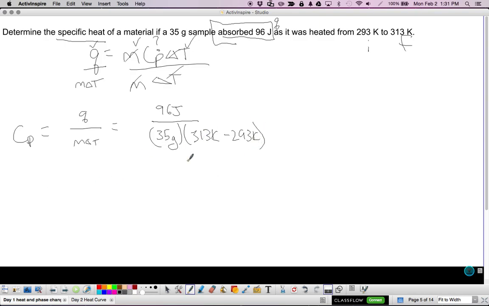All right, and when I do my calculations, notice I'm going to have 2 sig figs in my answer, and that's going to be 0.14 joules over grams times Kelvin. All right, it doesn't really matter if we use joules over grams times Kelvin or joules over grams degrees Celsius.